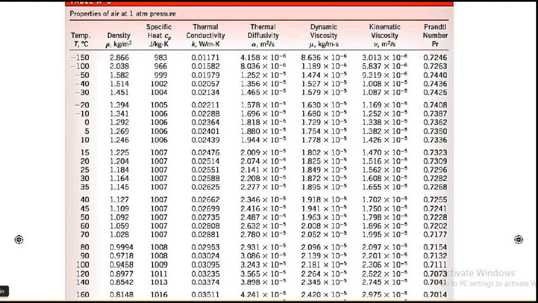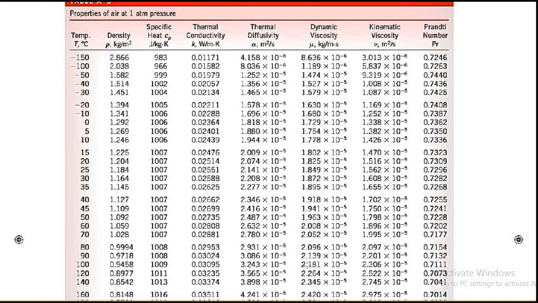So density is equal to 0.9458 kg per meter cube. Specific heat is 1009 joule per kg Kelvin. Then the thermal conductivity is 0.03095 watt per meter Kelvin. Then the thermal diffusivity is 3.243 into 10 raised to minus 5 meter square per second.